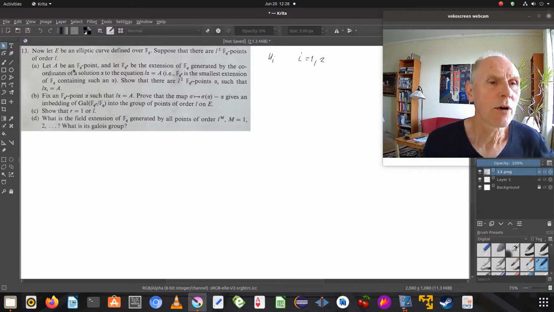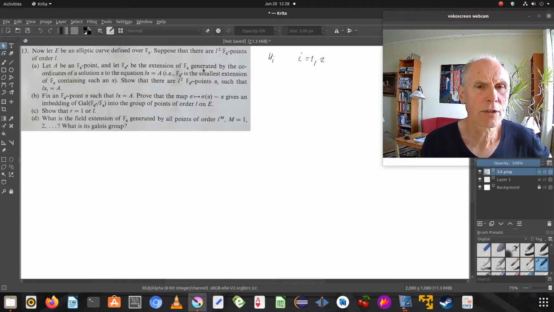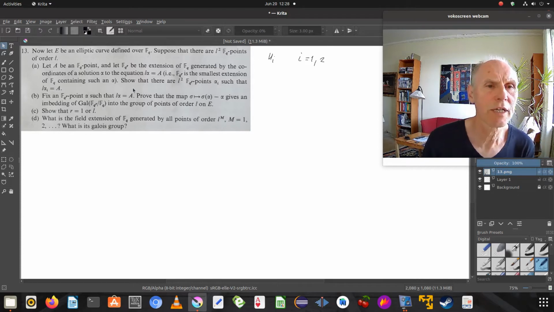All right. Now, we have an FQ point A, and an extension that contains an alpha, so L alpha equals A. Show there are L squared points.